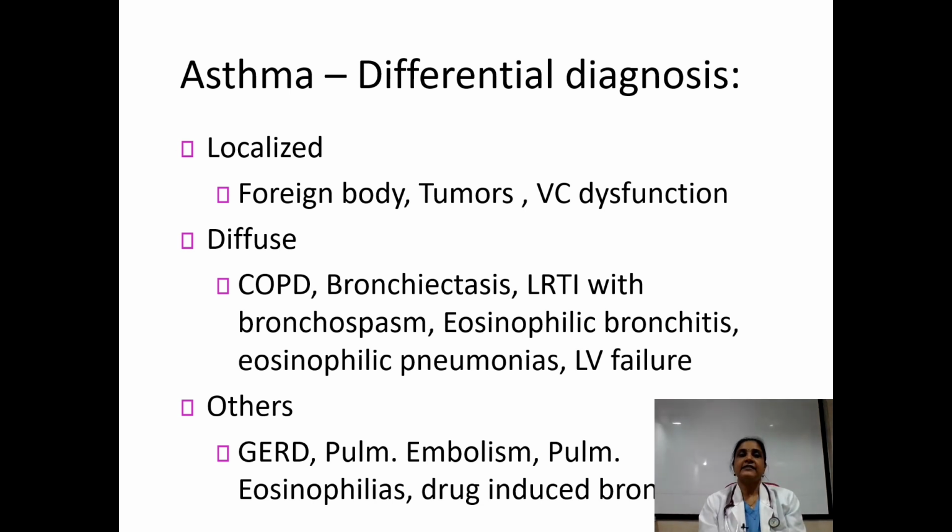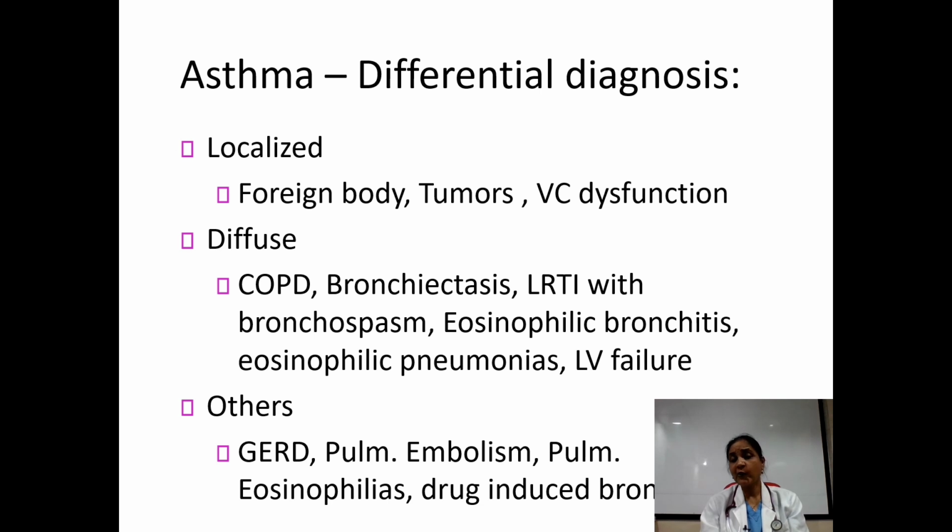Then there are similar diseases like COPD or bronchiectasis or just LRTI, as I told, mycoplasma and chlamydia, which very well present with asthma symptoms. Then there are eosinophilic bronchitis or pneumonitis. And don't forget cardiac asthma. So these are almost all the mimics of asthma.